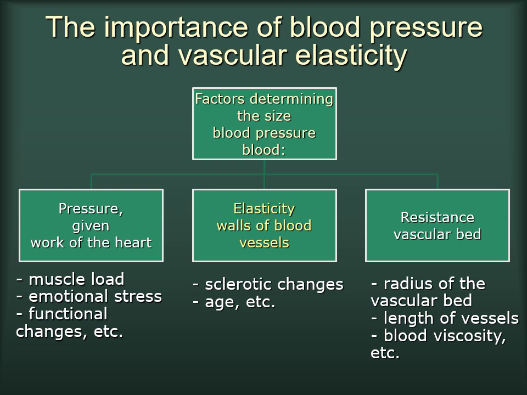The smaller the radius, the greater the resistance; by the length of the vessels, that is, the general path that the blood travels through this thin or narrowed vessel; and, of course, the viscosity of the blood itself, that is, the composition of the blood, by changing which we can also change blood pressure. This also adds up to the reasons for the change in the factors determining blood pressure.